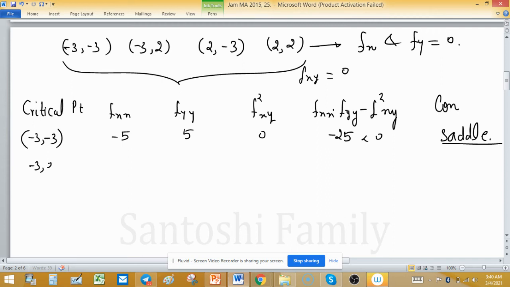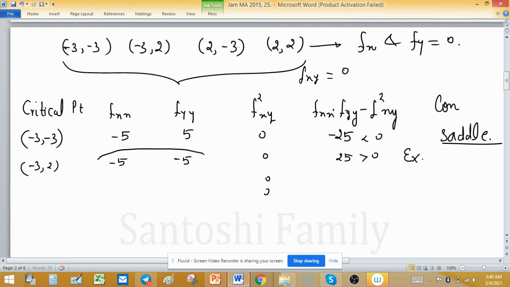Minus 3 comma 2: this is again minus 5, minus 5, and this is 0, it will be 0 in all cases. The product is 25, which is greater than 0, so this is a point of extrema, but we are seeking the point of maxima.